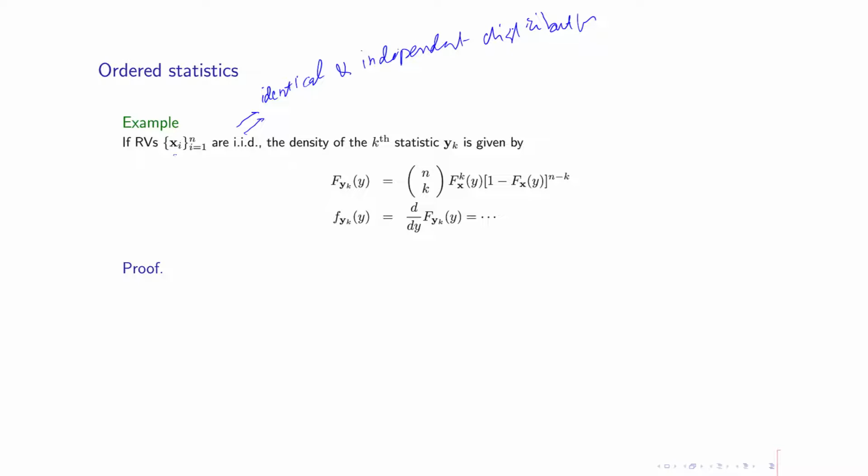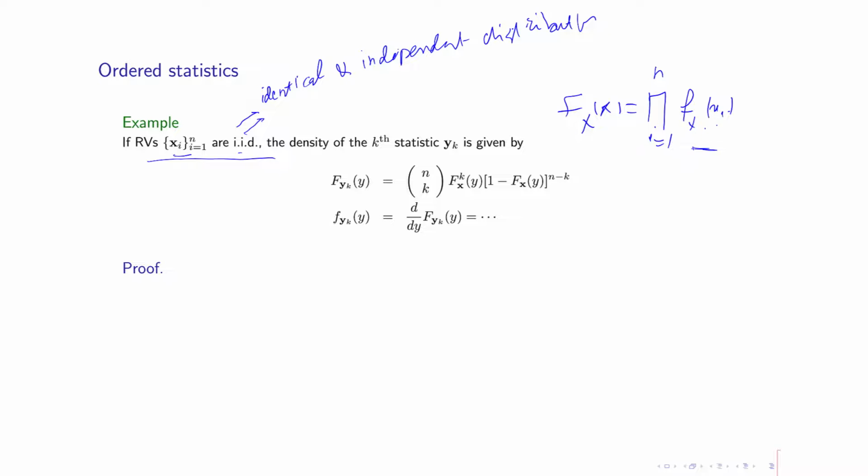So f_x of x is basically the product over i equal 1 to n of f_xi of xi. Identical distribution means that this distribution does not depend on i, so you can remove this i.